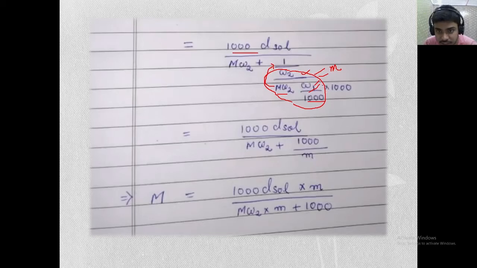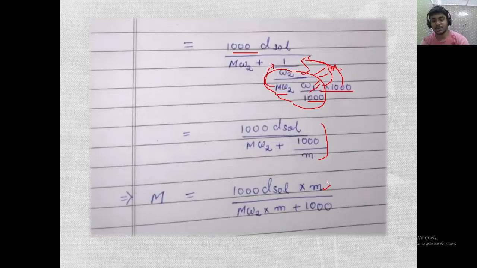See, this 1000 is below the denominator here, so it will be transferred here. So same 1000 by m, 1000 into d. Now I have multiplied m by just cross multiplication. So m w2 into m plus 1000, m w2 into molality plus 1000, and this m has gone up, so it's into m.